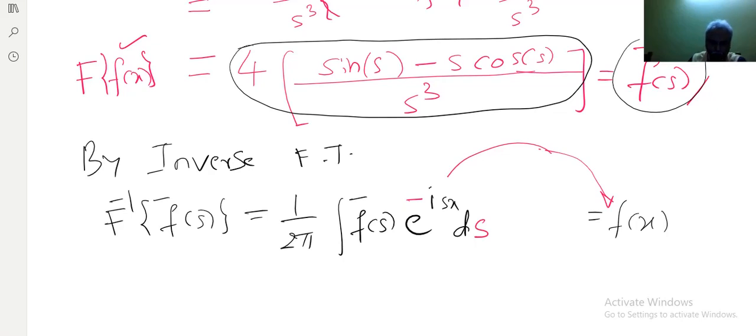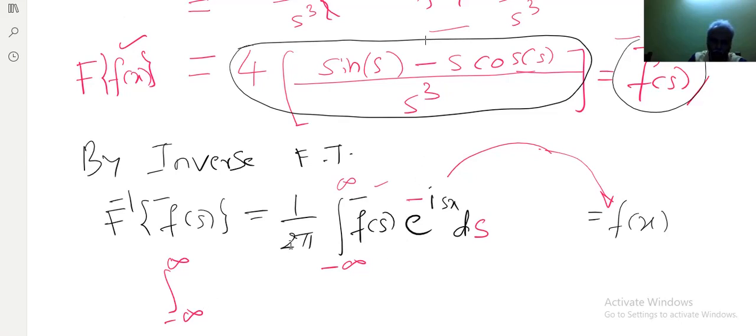So now if I substitute this value, which is minus to plus infinity. If I substitute the value of f bar s, which is here, so f bar s is here, and here. So drag it here.